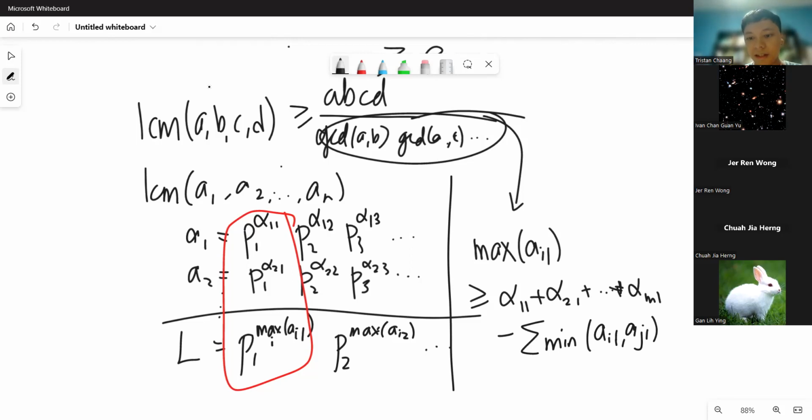Every single term which is not the maximum term in this list will eventually get cancelled off, right? If you arrange A11, A21, A31, blah blah, AM1 in increasing order, every single term that isn't the greatest one is the minimum of some pair, and it will be destroyed by this subtracting sum. I hope that makes sense.